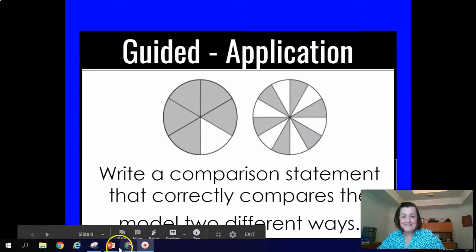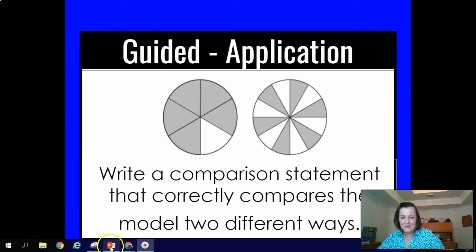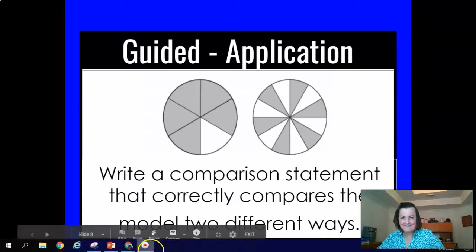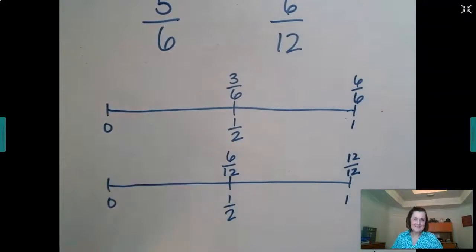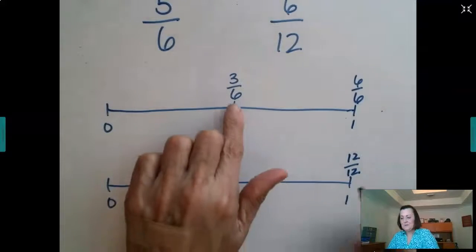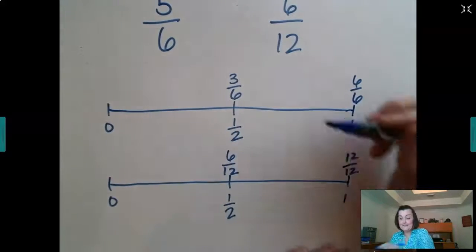All right, let's see how well you did, guys. Hold on just 1 second. Let me pull up something for us. All right, your final challenge, 5/6 compared to 6/12. Did you create your two number lines? Good. And let's plot 5/6: it is between 3/6 and 6/6 somewhere.